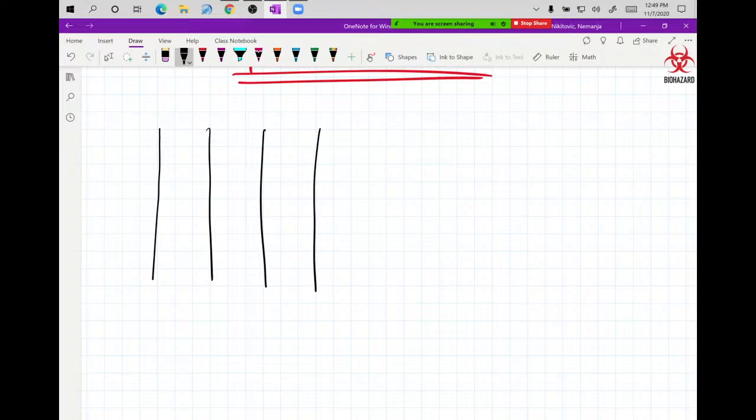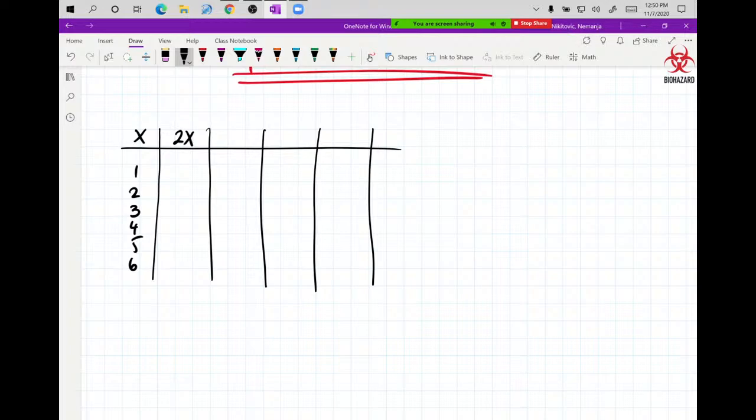So I can take basic counting, let's call it x, and just put 1, 2, 3, 4, 5, 6. That's good enough. Now I can make that linear by multiplying, let's say, by 2. 2, 4, 6, 8, 10, 12, right? And we see that this one grows faster.